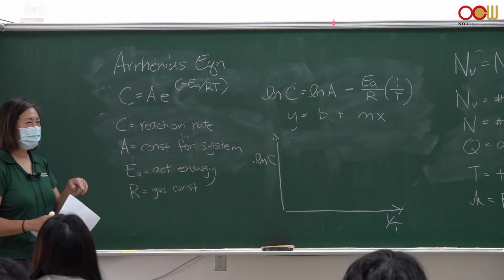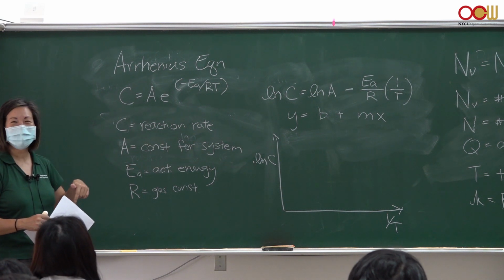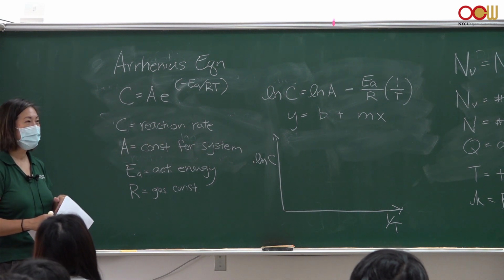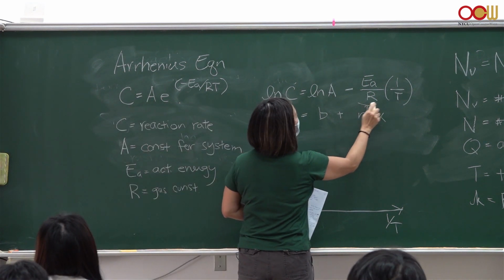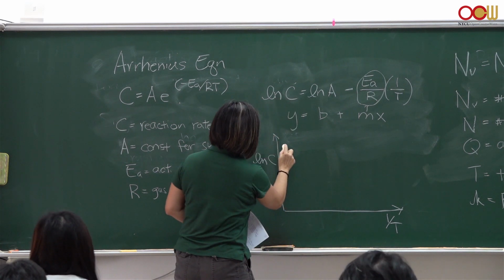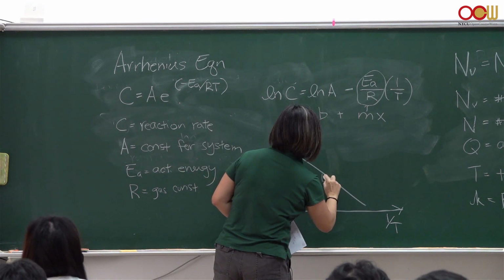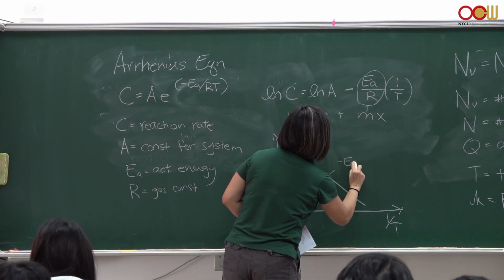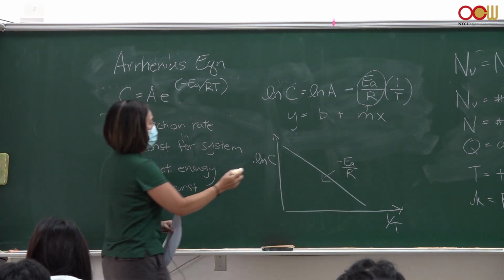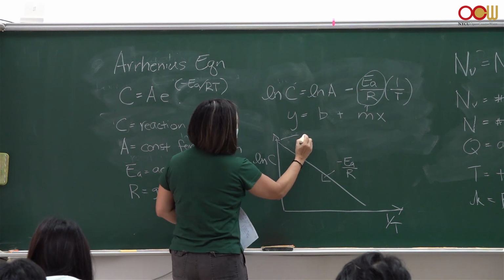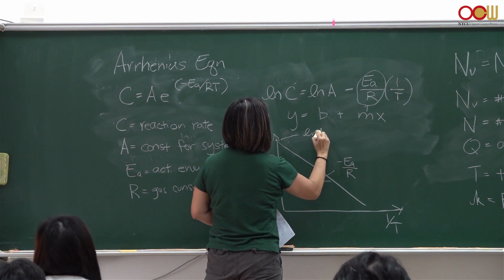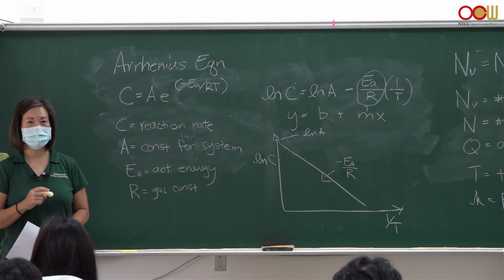Okay, I see several of you pointing down. Why down? Yes, because our slope is negative. Our slope is negative E_A over R. And where this line crosses the y-axis would be our natural log of A, because that's the y-intercept.